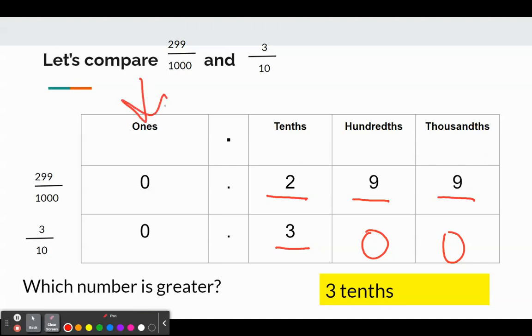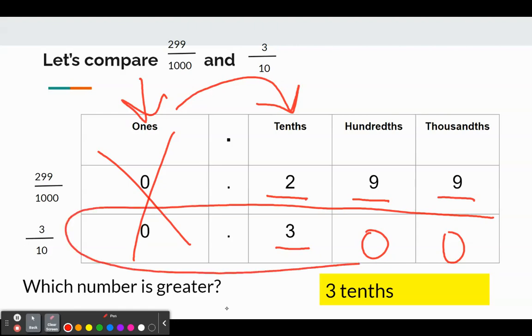Neither one of them has any ones, so that doesn't really help us. We have to move on to our tenths next. Now when we look at our tenths, we see that 299 thousandths has 2 tenths, but 3 tenths has 3 tenths, and 3 tenths is bigger than 2 tenths. So our bigger number is 3 tenths.